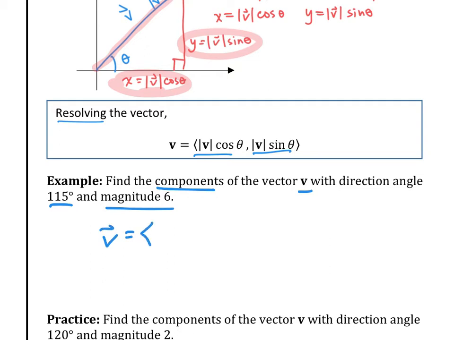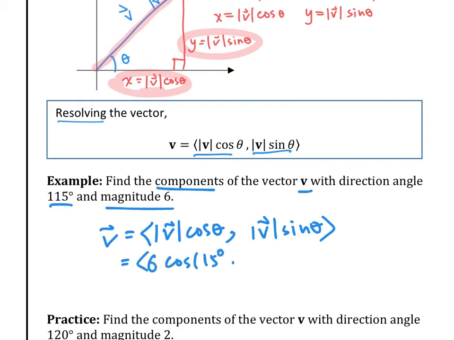The formula says magnitude cosine theta gives me the x direction, and then magnitude sine theta gives me the y direction. Therefore, 6 cosine 115 and 6 sine 115 is the answer. And then what you want to do is just use the calculator and figure out the actual numbers. So it's about negative 2.54 and 5.44.